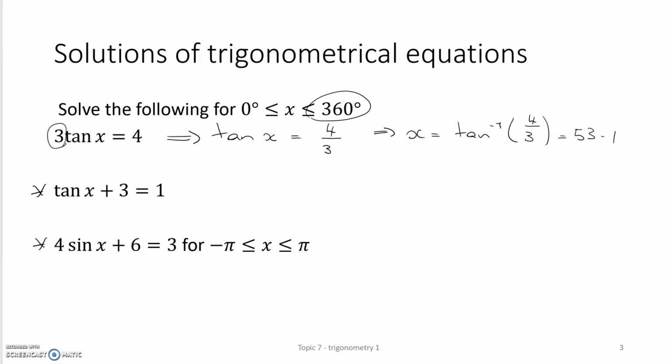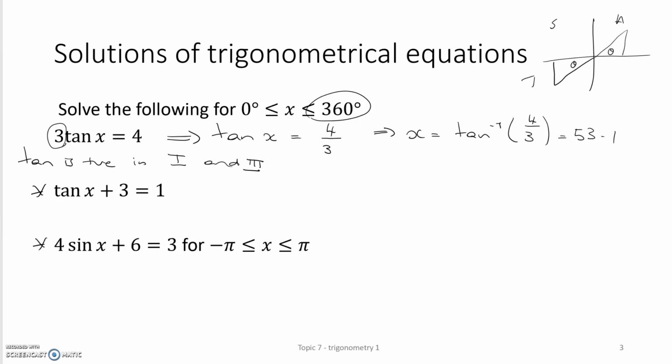But it's not enough. We know that tan is positive in which quadrants? Let me think. Tan is positive in quadrants 1 and 3. So we have to find the other angle that's the same. So all science teachers, it'll be in this quadrant, it'll be that one.